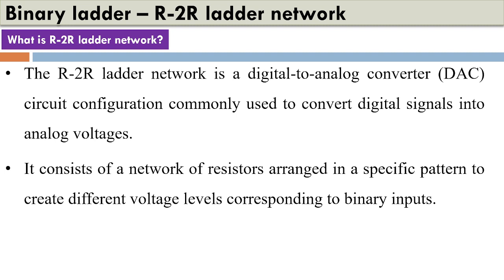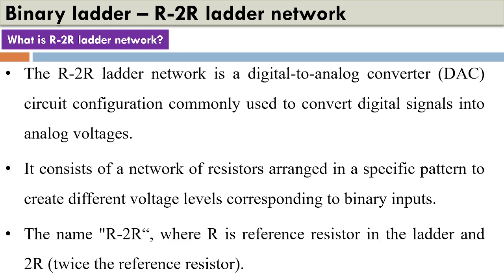It consists of a network constructed out of resistors arranged in a specific ladder pattern to create different voltage levels corresponding to binary inputs. The name R2R: R is the reference resistor in the ladder network, and 2R is twice the reference resistor.